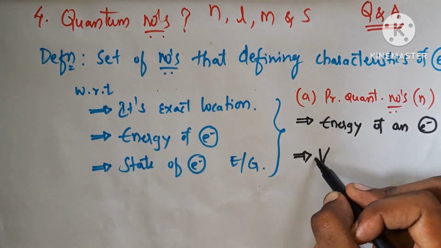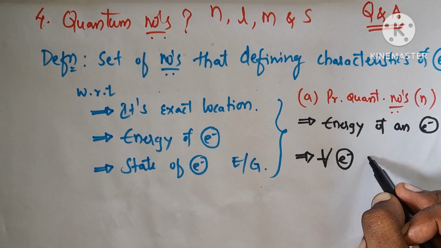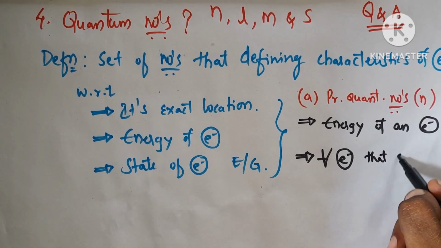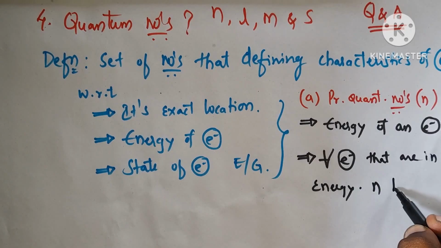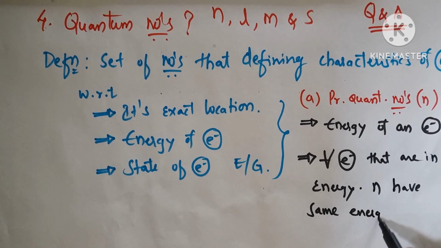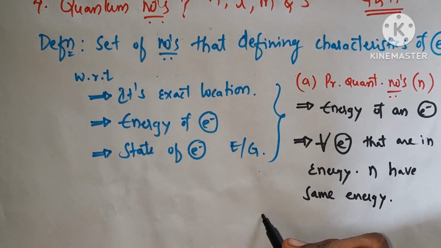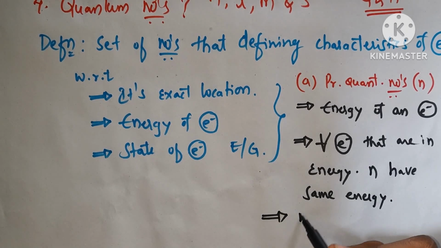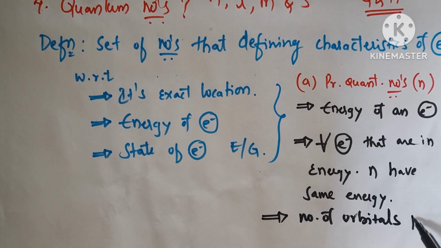All electrons that are in the energy level n possess the same energy, and the number of orbitals present over here is given by n square.